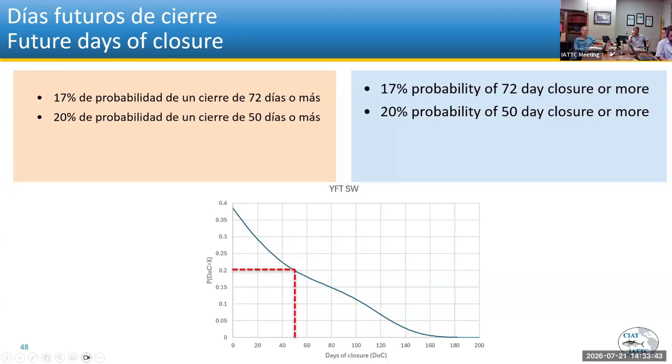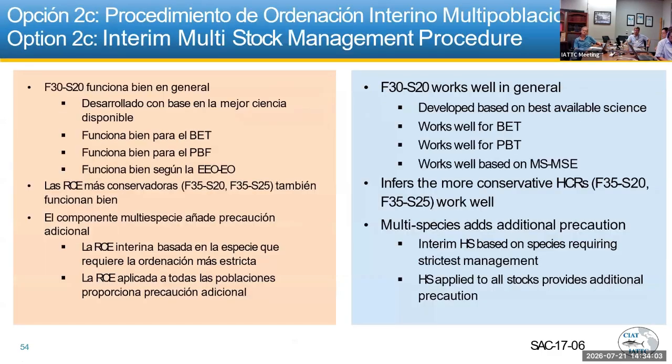And so that's why we've chosen 40 days as the target closure in 2 management cycles. Okay.